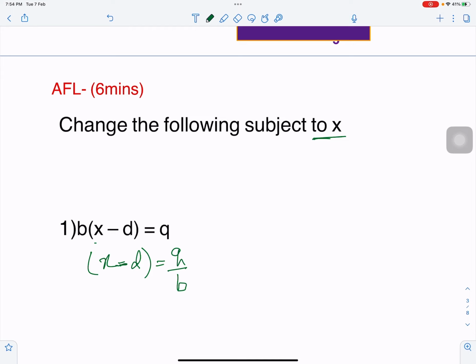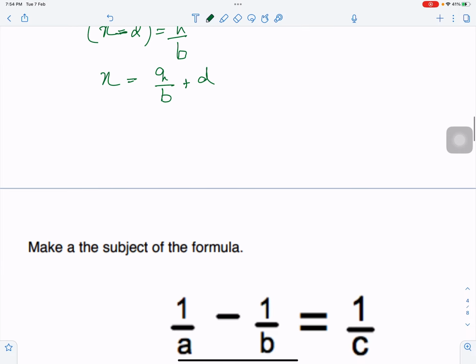Cross multiply, b is coming down. And after that, x equals, now d will go to the other side, so it is q over b plus d. So this is how you are separating x. Some students by mistake take d across first. You can't do that because there is a bracket and outside the bracket there is a number multiplying, so you need to handle that first.